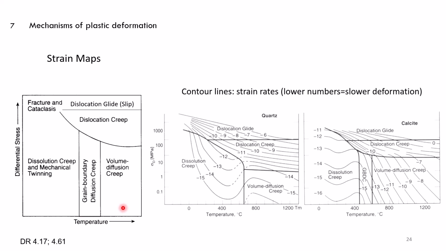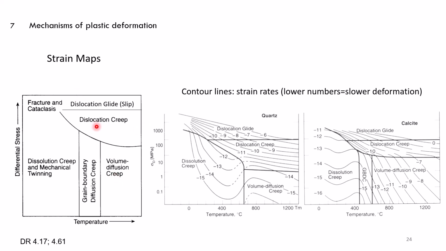With higher temperature, volume diffusion becomes possible as well. But we should not forget, as long as fluid phase is present, also at these high temperatures, dissolution creep will play its part in the deformation process. And also grain boundary diffusion creep does not stop just because volume diffusion creep becomes possible.